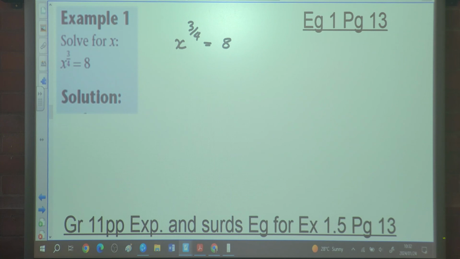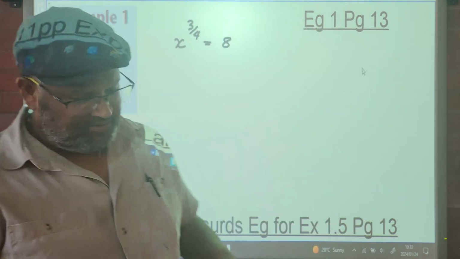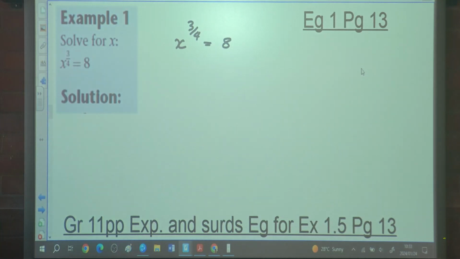So what is the rule if the denominator is even? The number must be positive. Is the number positive? Yes. Okay, so we can apply this. So what do we do here? Raise it to its reciprocal exponent.